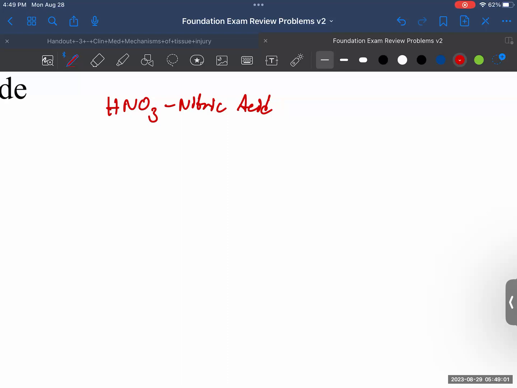So NO3 minus, right? What polyatomic ion is that? Nitrate. So if it's nitrate, anything with an ate, use the ic suffix. Anything with an ite, you're going to use the ous suffix. If you know those two rules, then you're pretty much golden for all acid naming.